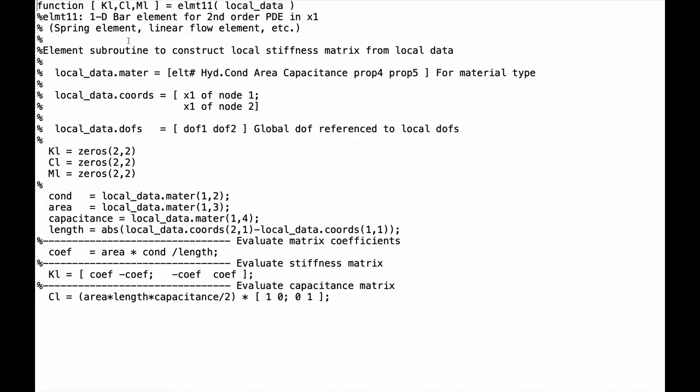And so the idea is, for a one-dimensional matrix element with two nodes at one end for flow, the part that makes it perform in the way it does is this 15 lines. If you want to have a two-dimensional element, then all of a sudden it's more difficult than this. It's a bit different. But basically, you have some information that comes in terms of the geometry, the material properties, and you zero out a matrix, you calculate some terms, and then you send it back to the main program, and it does the rest of the calculations for it.